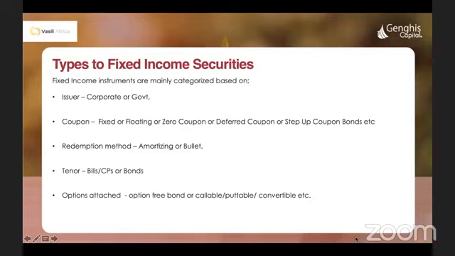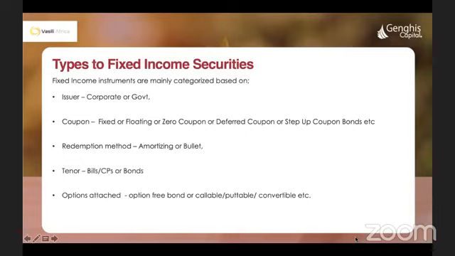Then the last category for now that you can use to classify fixed income instruments is based on the option that has been attached to that instrument. Instruments can either be option free or callable or puttable or convertible. Option free means no other structure has been layered on that instrument. It's purely as it is, a 5-year bond paying coupon at 12%, for example.